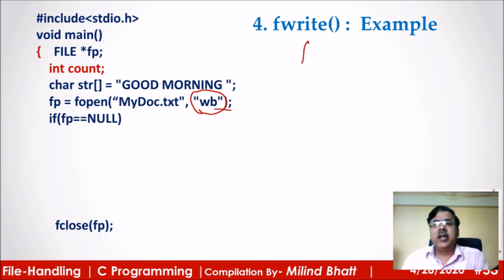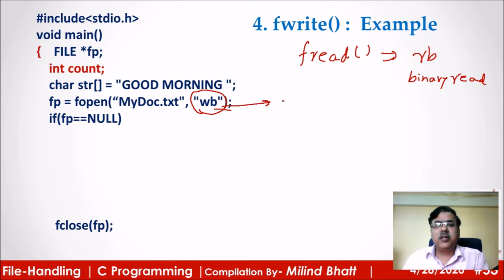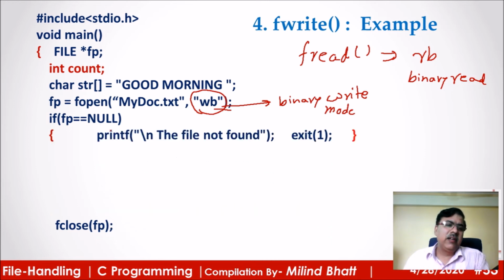If you remember, when we used the fread function, there we used rb, that means binary read, and here we are using binary write mode, and check whether it is functional or not with the help of fp equal to NULL. If it is not functional, take an exit.